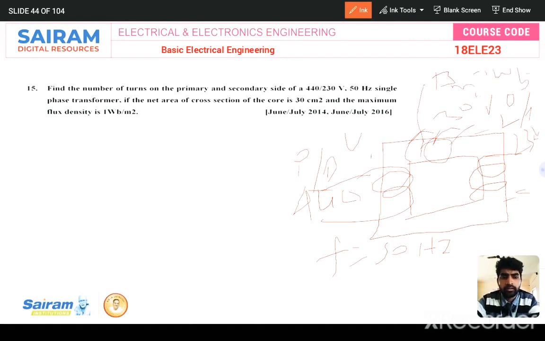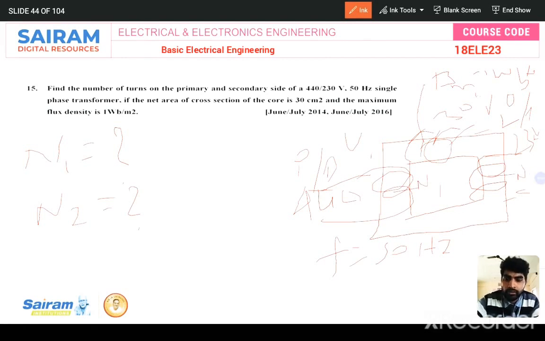And area is given 30 centimeter square. We need to find the number of turns on the primary and secondary. We need to find out this N1 and N2, right?